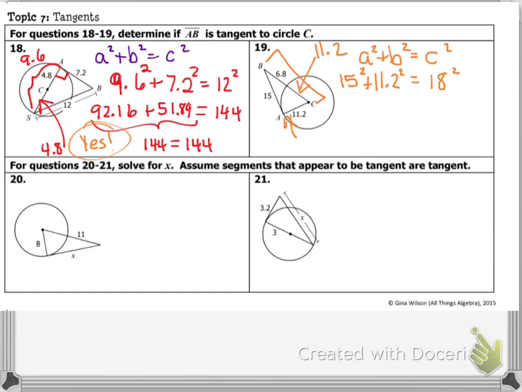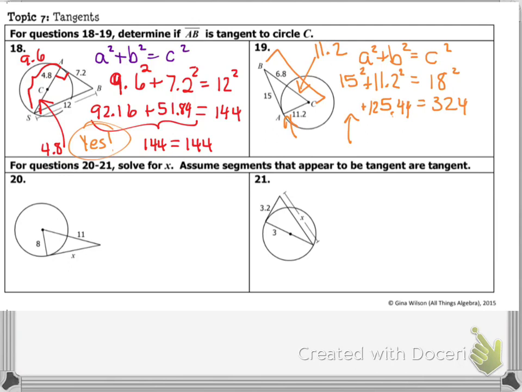Alright, 11.2 squared. And let's see, is this true? 18 squared is 324. 11.2 squared is 125.44, and this guy right here, 15 squared is 225.